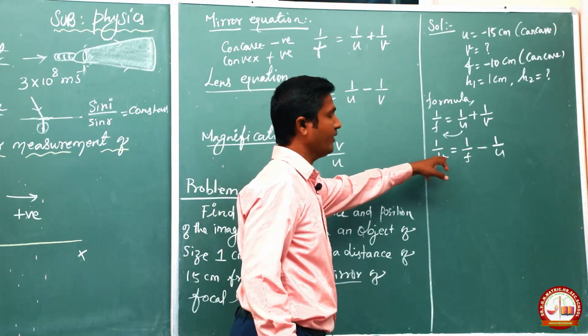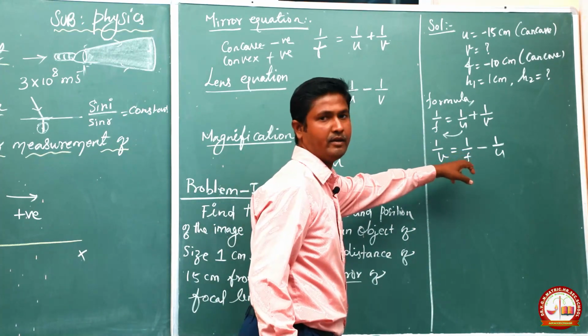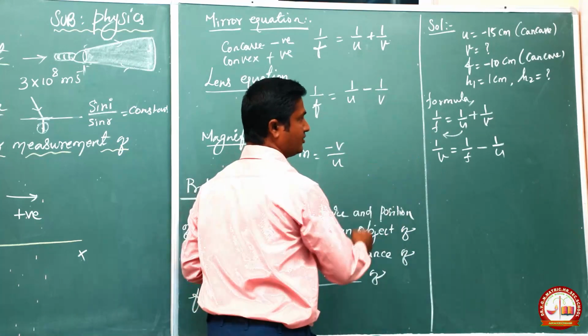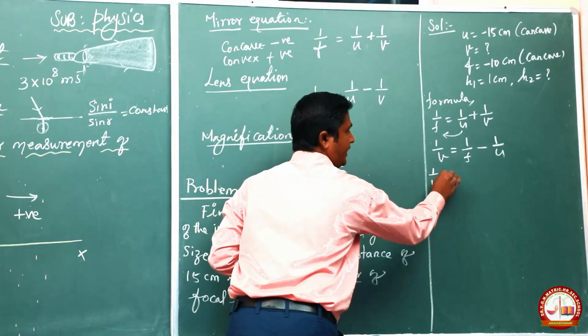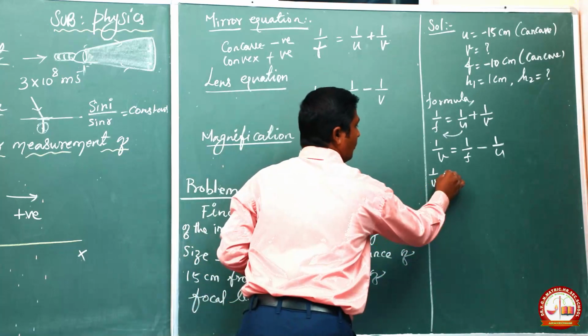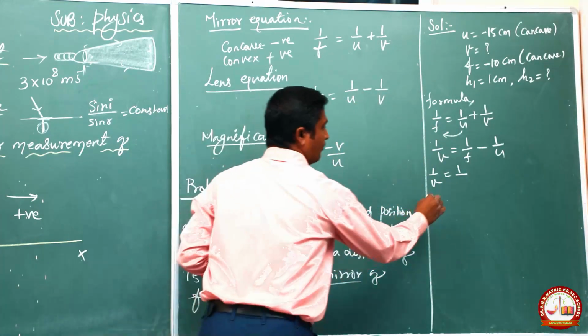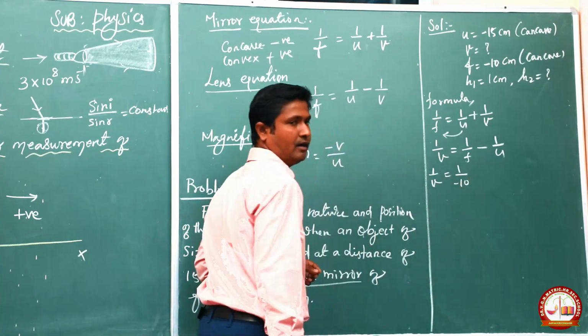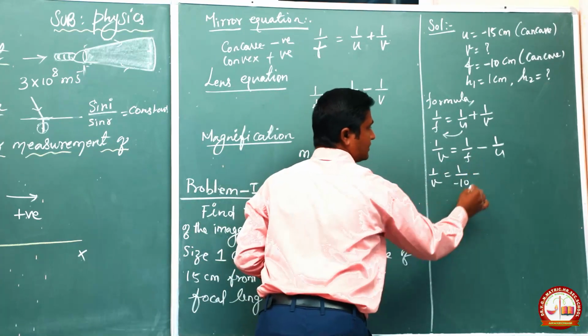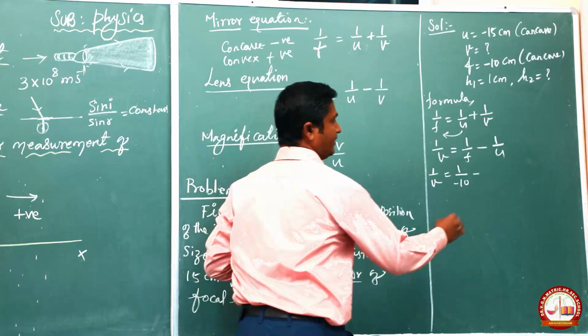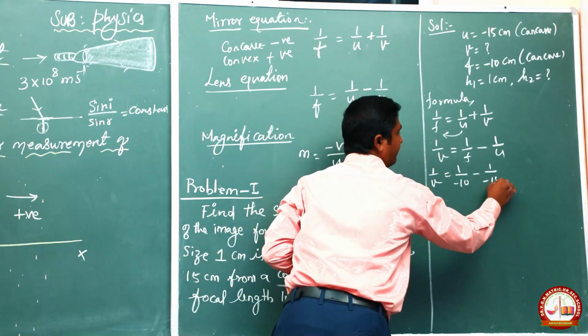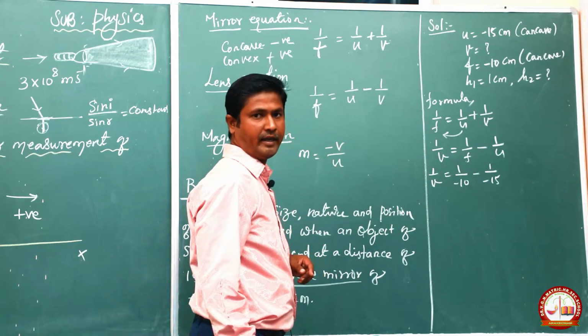Now substitute all values. 1 by v equals 1 by f, where f is minus 10 centimeter, minus 1 by u, where u is minus 15.